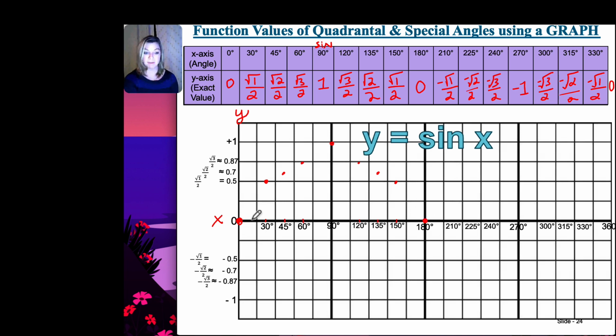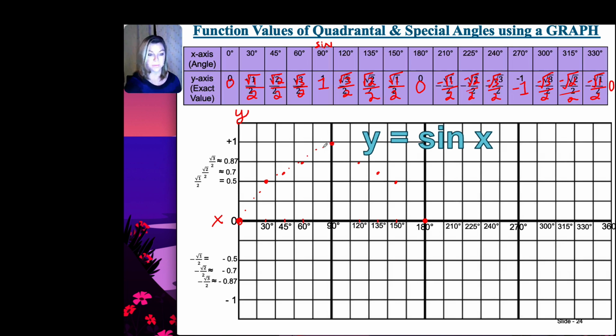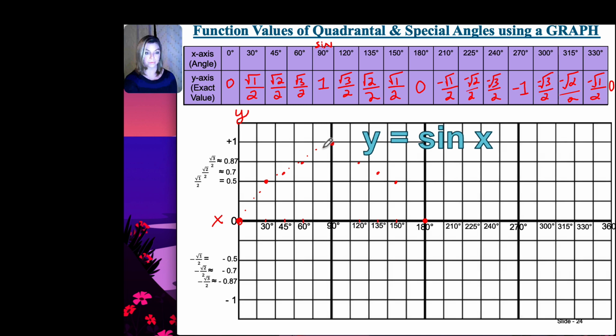You could type in sine of 15 degrees, find the height, sine of, let's say, 75 degrees, find the height, and you'll soon see if we plot more and more and more points representing the value of sine, it's actually going to make a smooth curve.